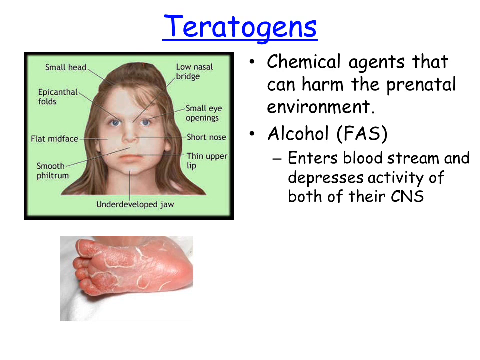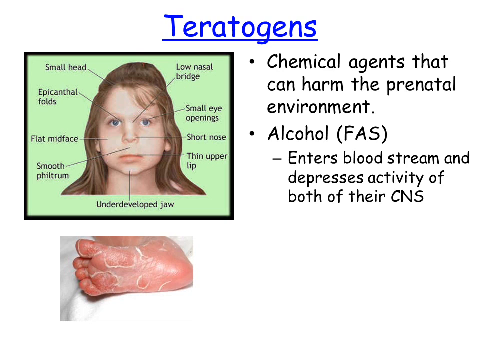Common symptoms or signs of fetal alcohol syndrome are small head, the flat midface, the low bridge between the eyes, the nasal bridge, small eye openings, a short nose, a thin upper lip, underdeveloped jaw.